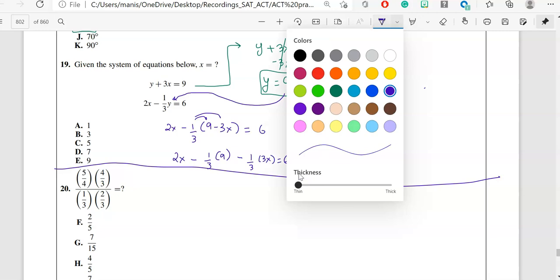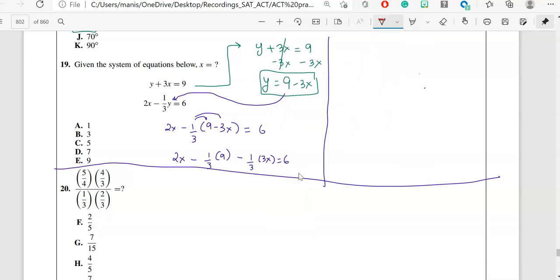So let me solve this further. It is 2x minus 3 minus x is equal to 6, because this will again be cancelled out. Now what we can do over here is combine these two.